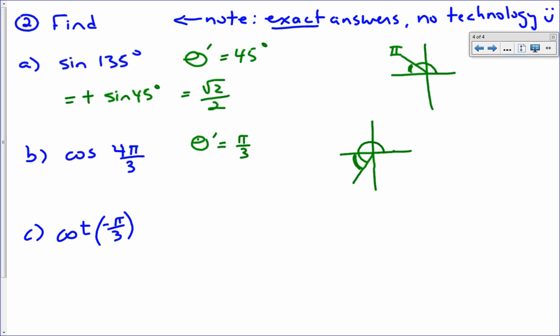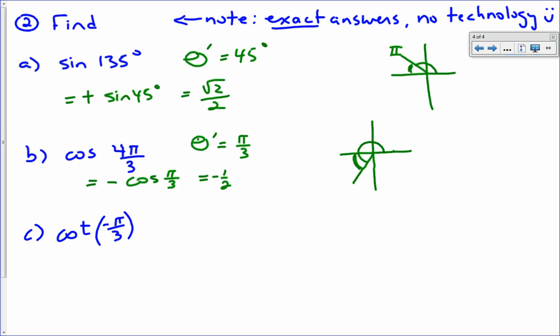In the third quadrant, cosine is negative. So the cosine of 4 pi over 3 is going to be negative whatever the cosine of pi over 3 is. And the cosine of pi over 3 is 1/2, so it's negative 1/2.